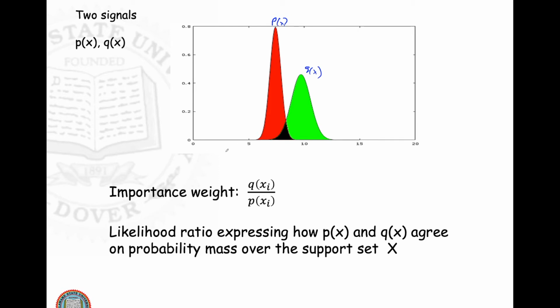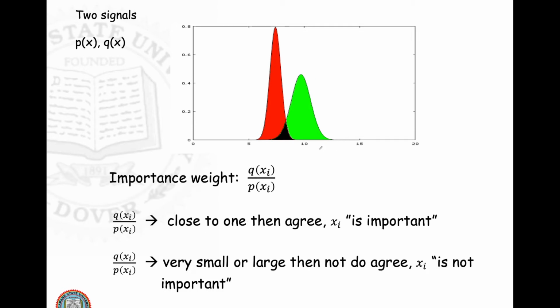They have the same support set, but they have different proportions describing the occurrence of these different values. Oftentimes one enterprise is to know how much P and Q agree in how much probability mass they place on different parts of the support set over the domain X. So that's our importance weight.